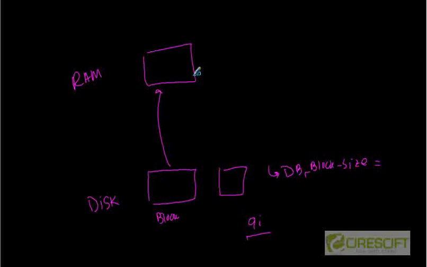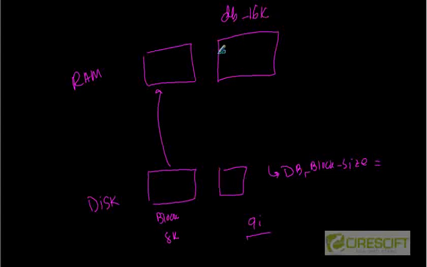What we have discussed here is just the default buffer size, but we can have another buffer size called DB 16K. Let's say it is an 8K block by default, and then we have a 16K block size.